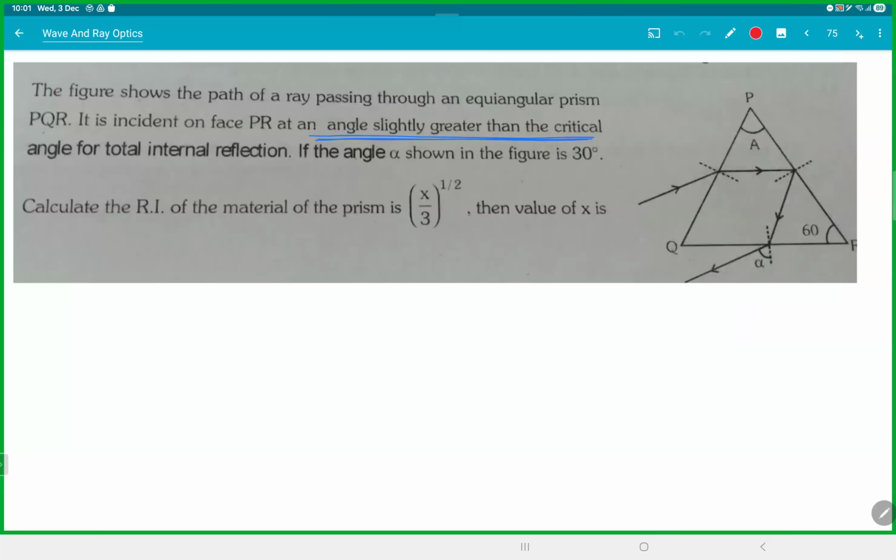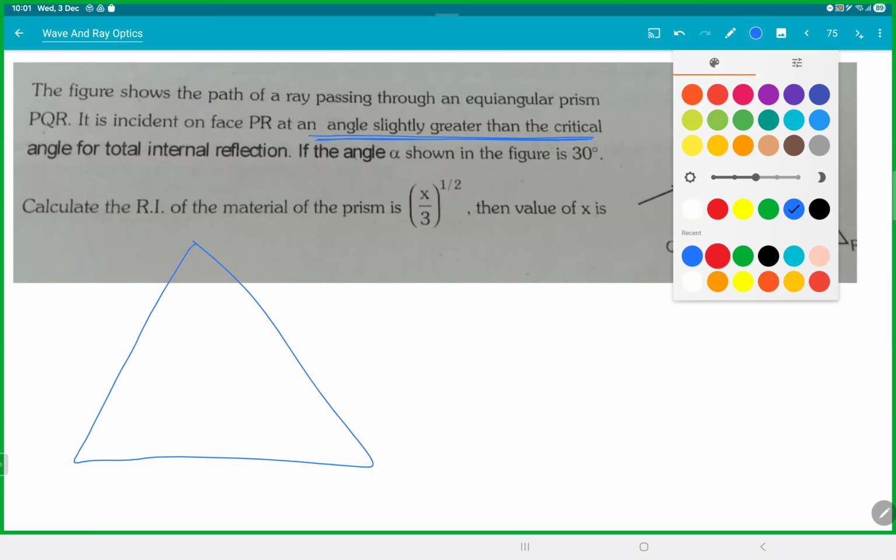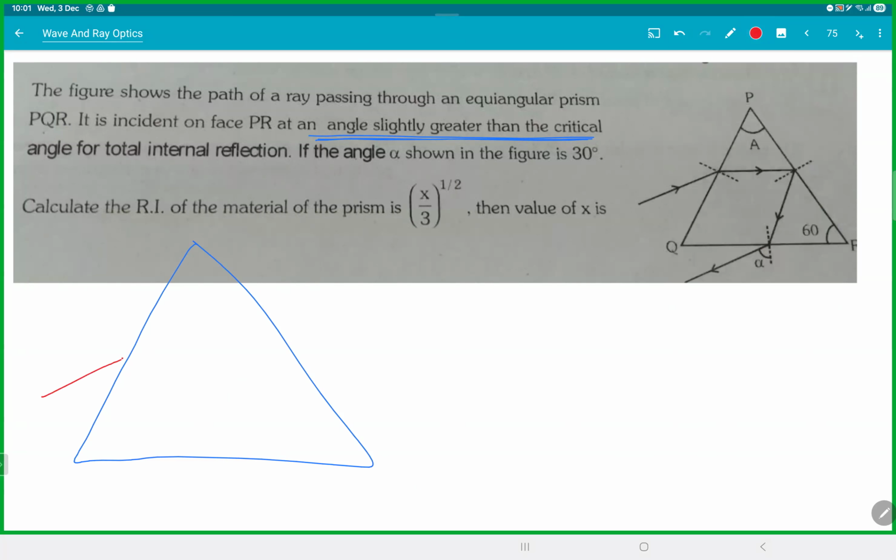Now he said this is an angle slightly greater than the critical angle, so this will be theta critical. This is theta critical, just slightly greater.